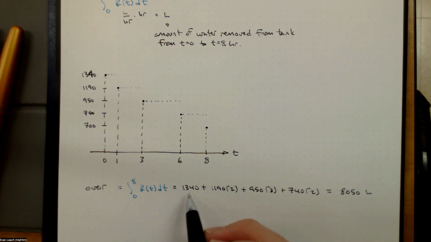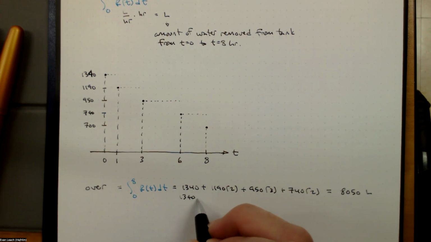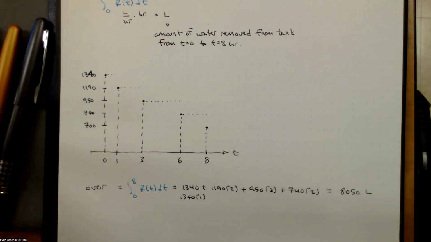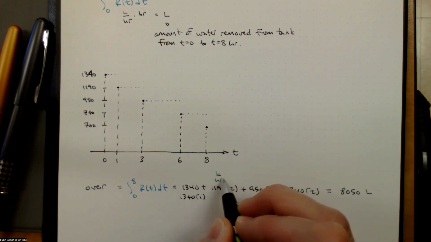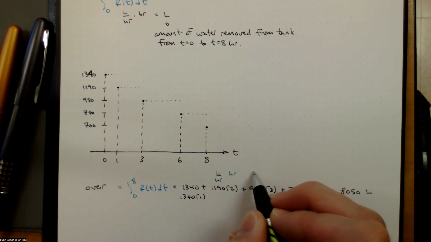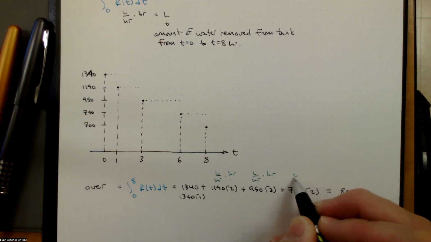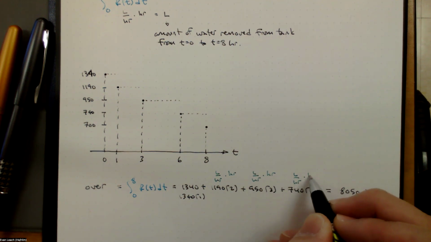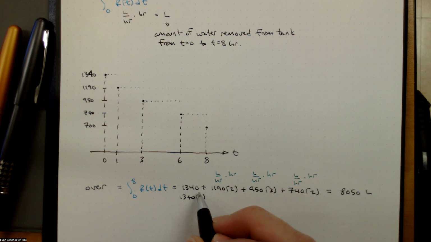This first term seems to be missing something. With this first term, we could read it as 1340 that I'm using for 1 hour. And now all the terms look like liters per hour multiplied by hours. It didn't show up in here as much because I just wrote 1340, since I multiplied by 1.